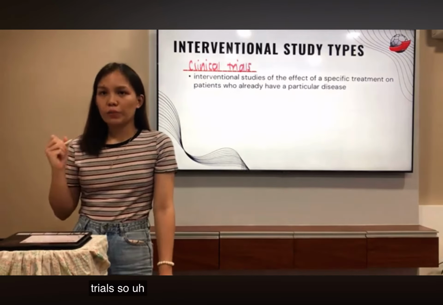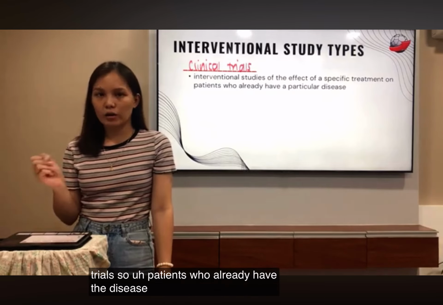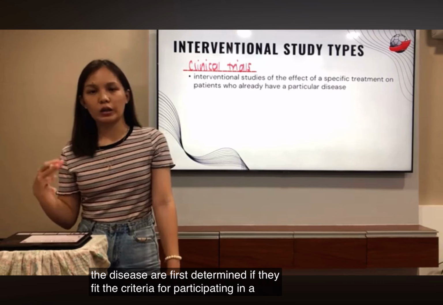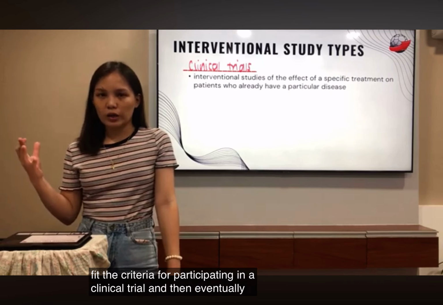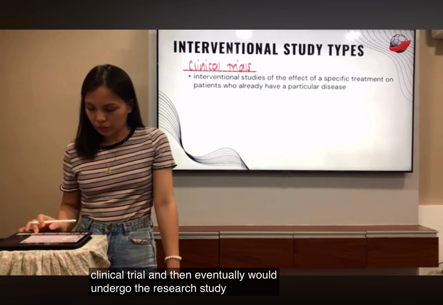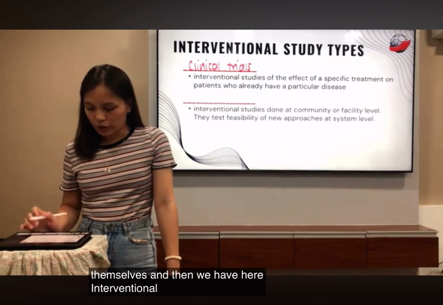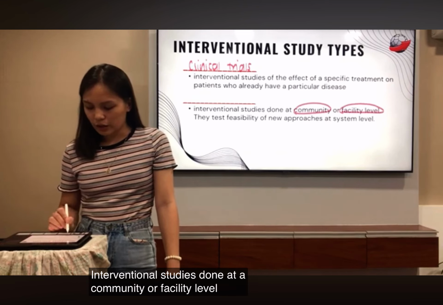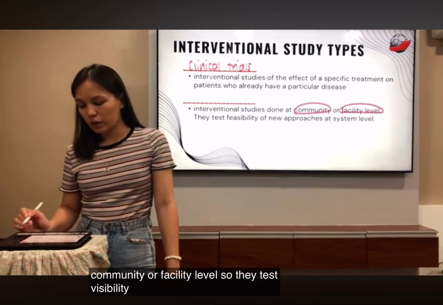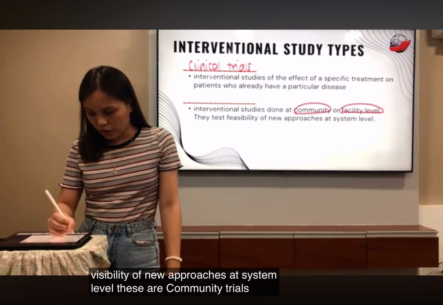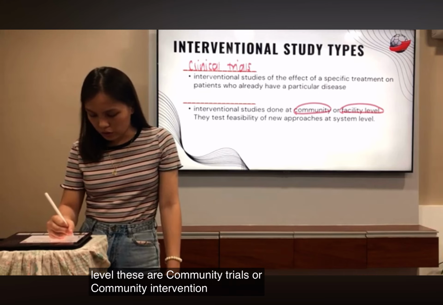Patients who already have the disease are first determined if they fit the criteria for participating in a clinical trial, and then eventually would undergo the research study themselves. And then we have interventional studies done at a community or facility level. They test the feasibility of new approaches at system level. These are community trials or community intervention studies.